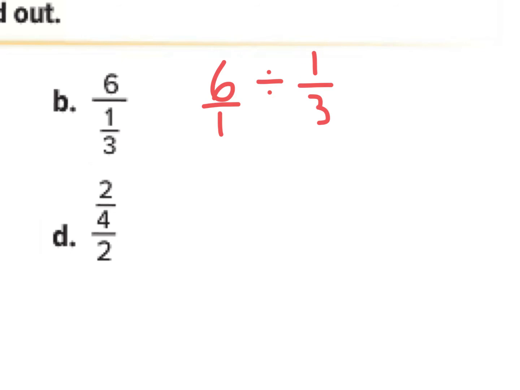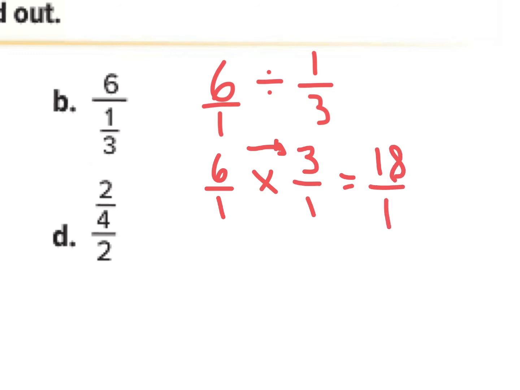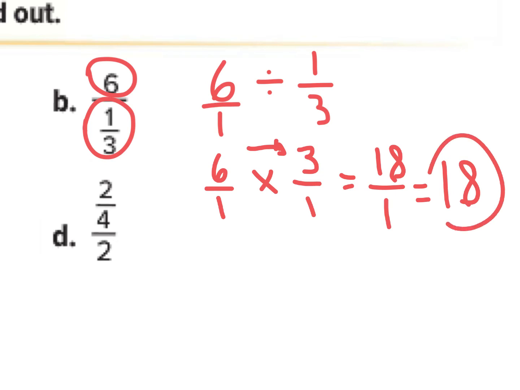So keep the 6 over 1, change the division to multiplication, and flip. And when you do so, you will get 6 times 3 across the top, right? You multiply across the top. 6 times 3 is 18, and 1 times 1 is 1. So it's simply 18. So really what you're saying is that 6 divided by 1/3 is 18. Okay?